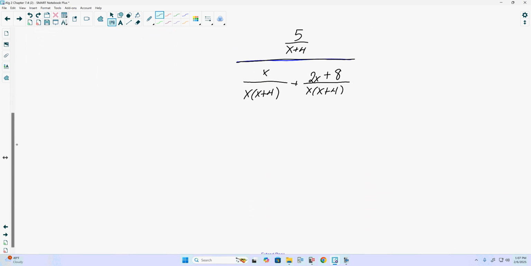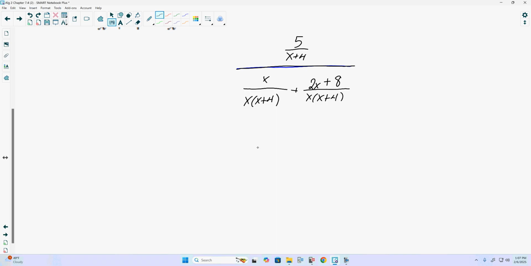And since the denominators are the same, we can add the numerators. And the denominator of this denominator is going to be our x times x plus 4. We can add the numerators: x plus 2x plus 8. Normally we would put parentheses around it, but with addition, the signs aren't going to change.